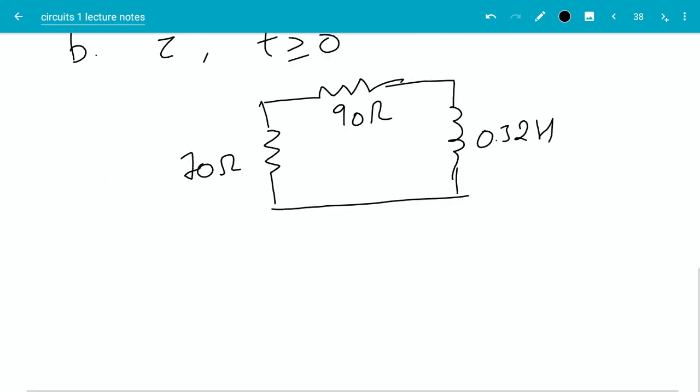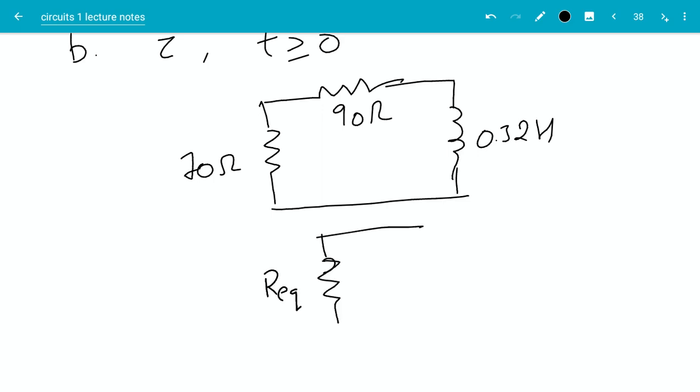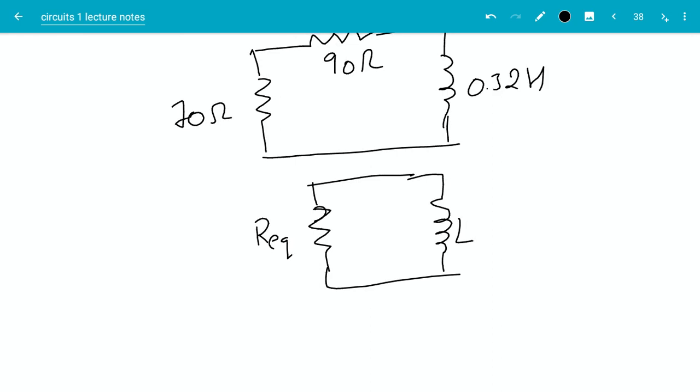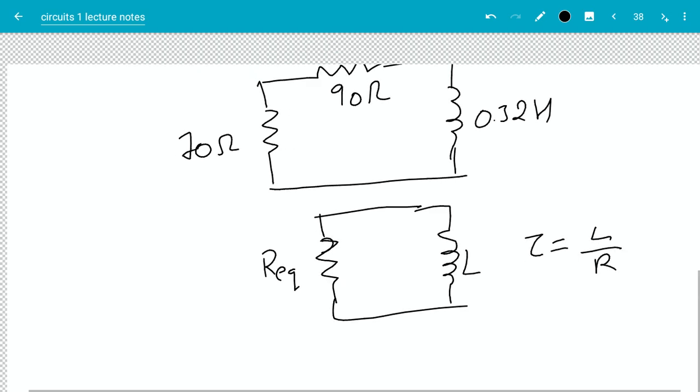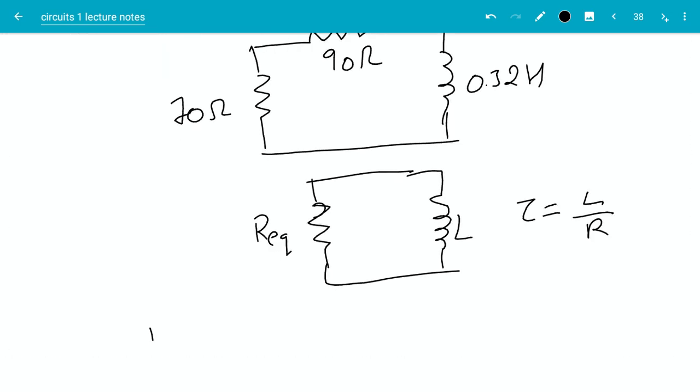Remember, for the time constant, we want to reduce the circuit to this form, where this is the R equivalent and this is the inductor L. Then the time constant tau would be equal to L over R. In this case, your R equivalent will be equal to 160 ohms.